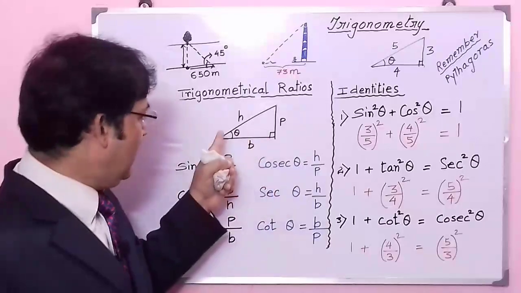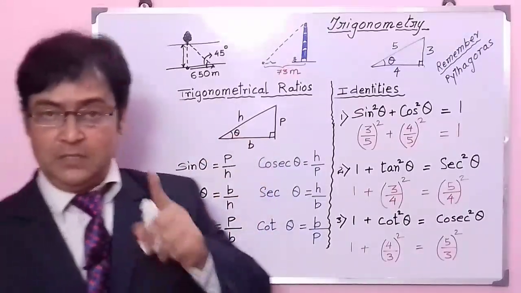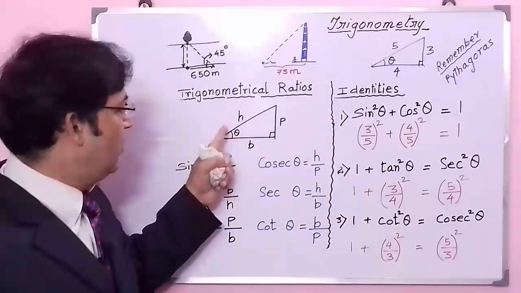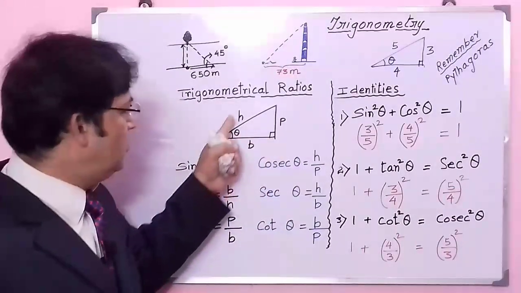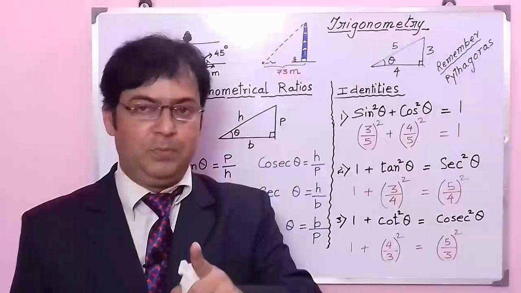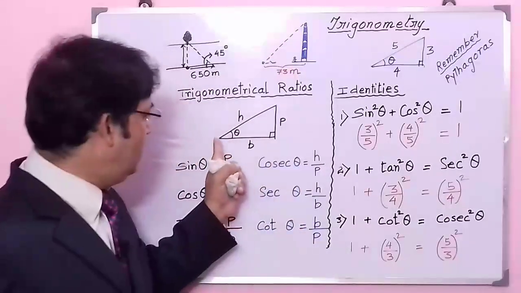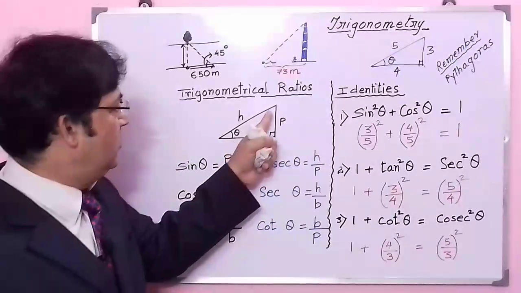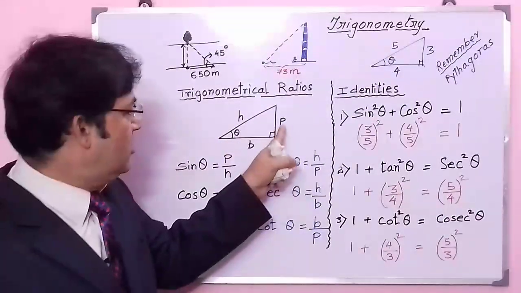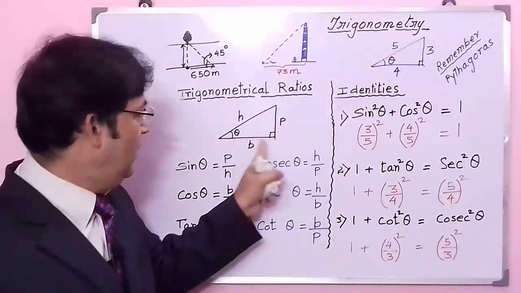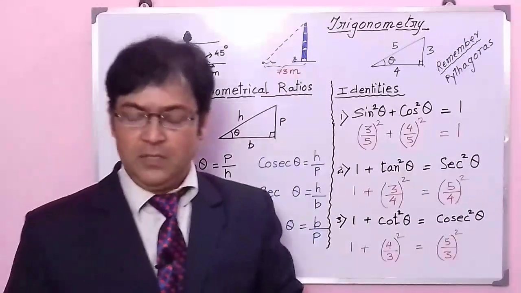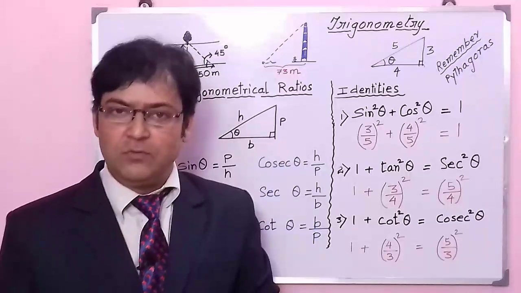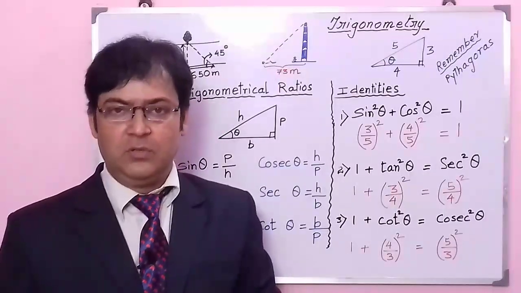If you take this acute angle as the reference angle, then opposite to this angle we call P or perpendicular, and the other one we call base. But if you switch over the reference angle to this one, then this P will be this one and B will be the other one. Keep that in mind when later on you have to solve the sums.